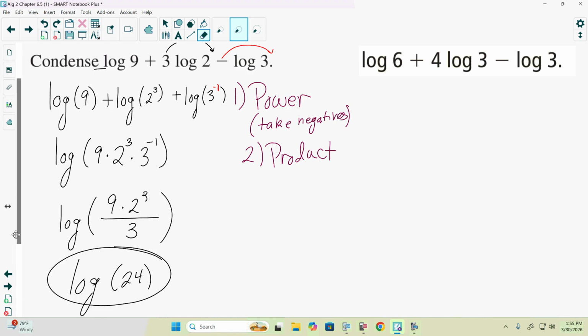Log of 6 plus 4 log of 3 minus log of 3. So our power property is going to have no impact on log of 6. There is no number in front of it. There's nothing we can take up into the exponent because I'm not taking positive 1. We're not going to do anything. The middle one, we want to move that 4 back up into the exponent.